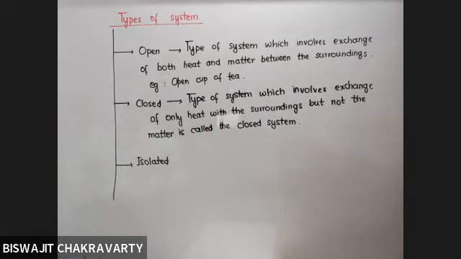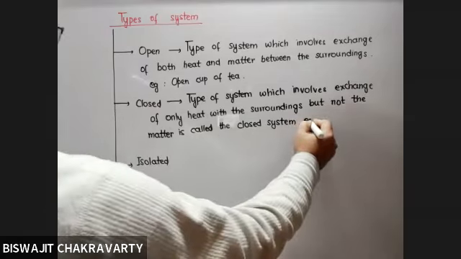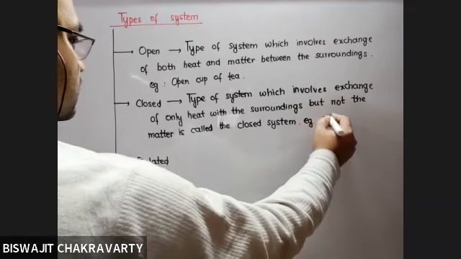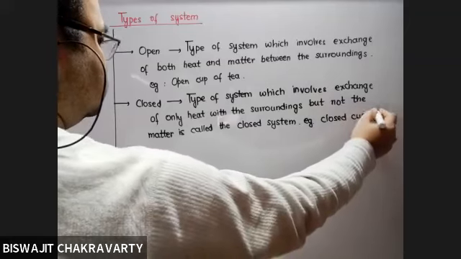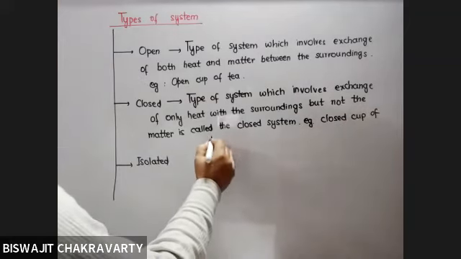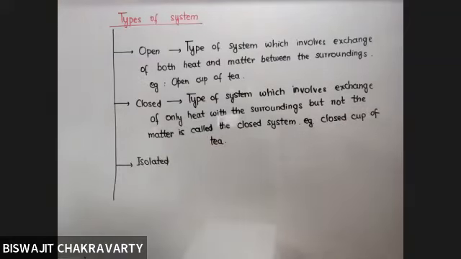Type of system which involves exchange of only heat with the surroundings, but not the matter, is called the closed system. So, as for example, closed cup of tea.